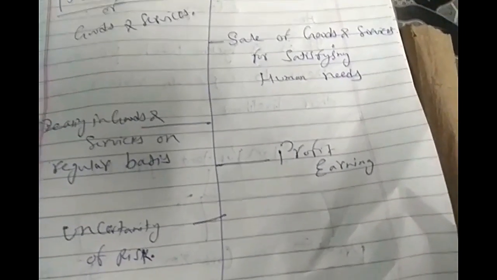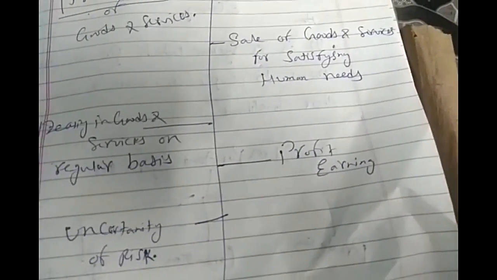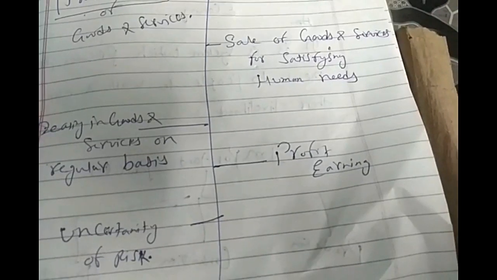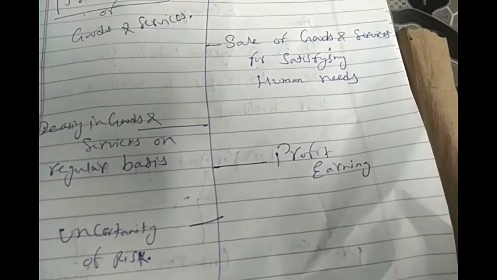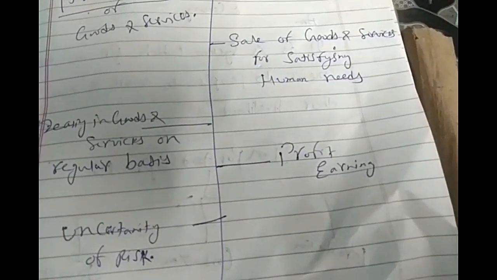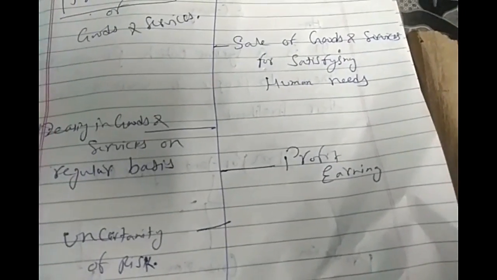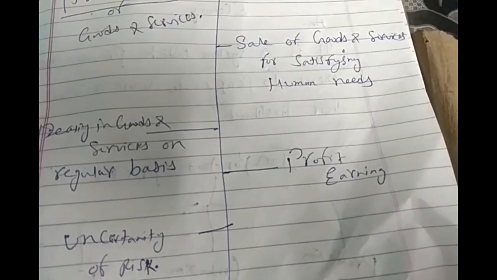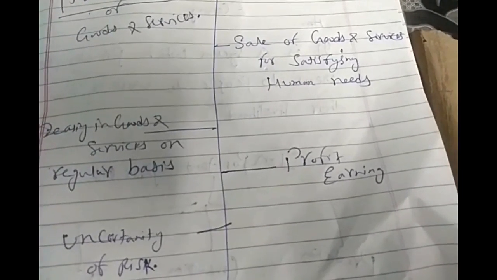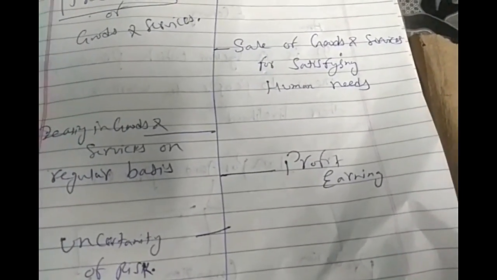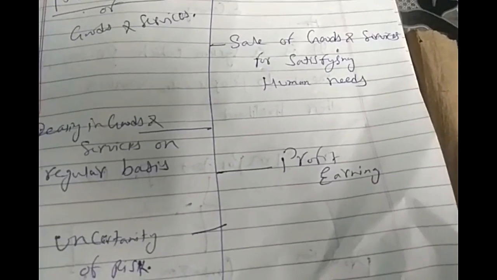No, the goods are arranged, produced, and provided continuously on a regular basis for earning more and more profit. Because if they are not earning profit, how would it be possible for the businessman to bear their expenses?